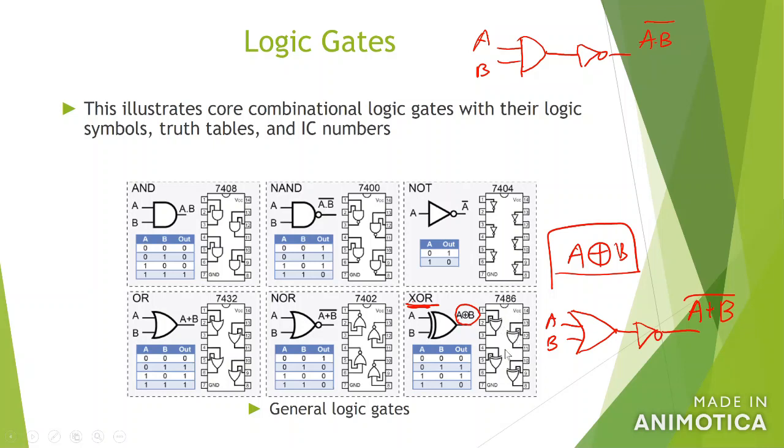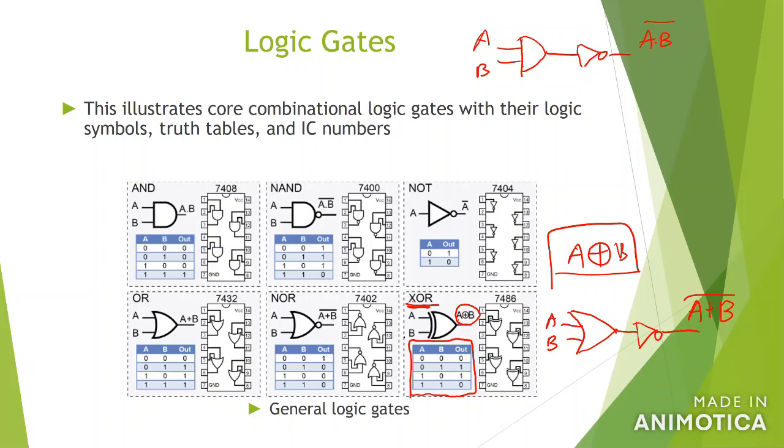There are 4 XOR gates inside this single package. And look at the truth table of the XOR gate. Think about the name, exclusive OR gate.